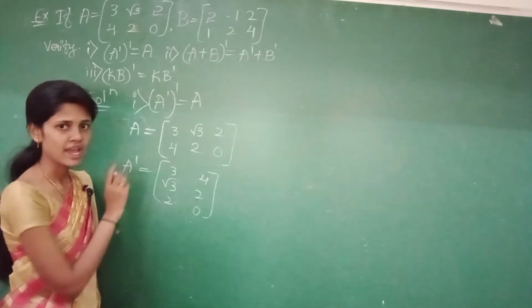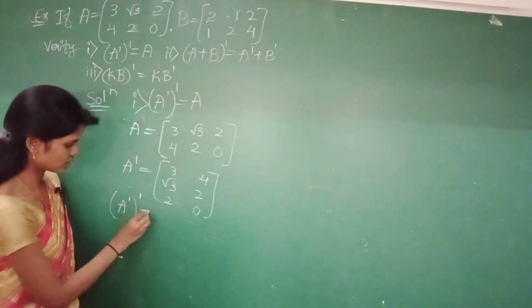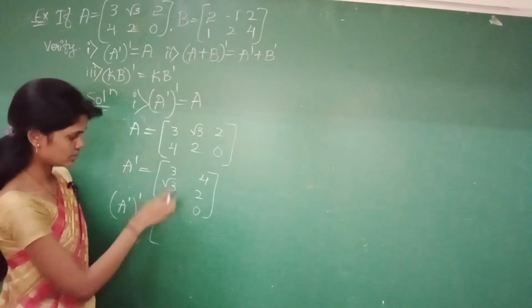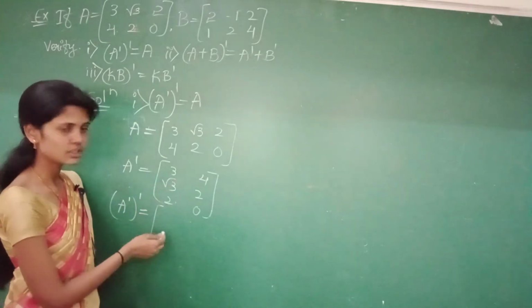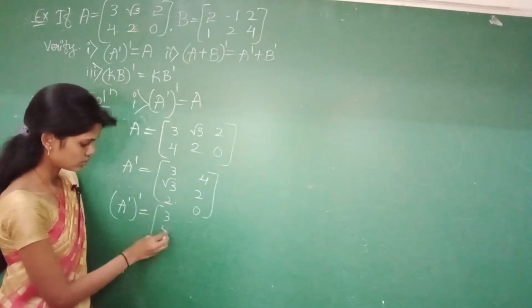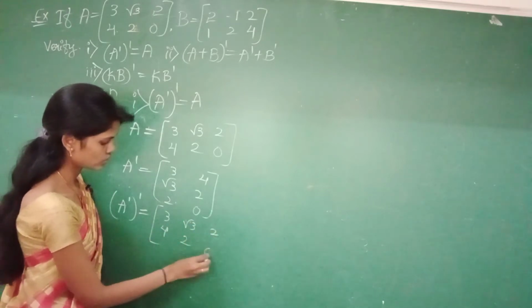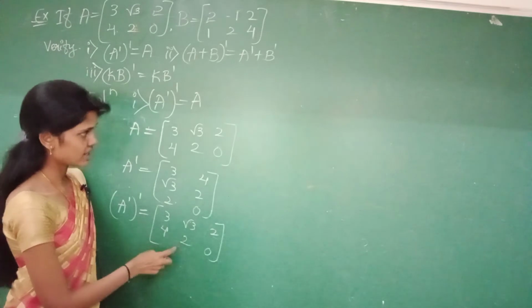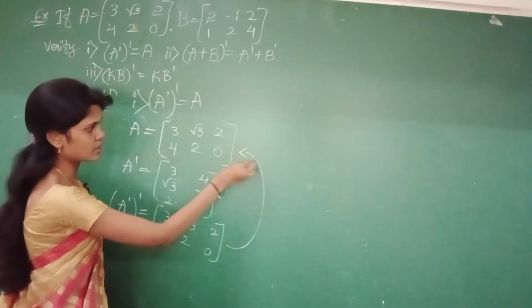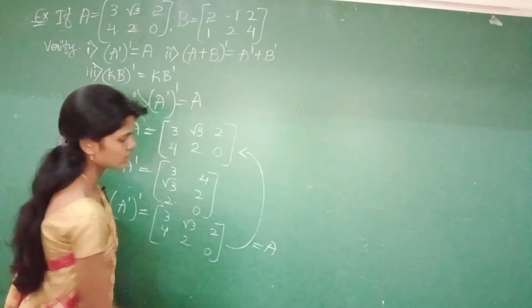This is A dash. And if you write (A dash) whole dash, what do you get? Once again you have to interchange the rows and columns. So 3, root 3, 2 and 4, 2, 0. Once again, what is this matrix? It is the matrix A, right? So it is equal to A.